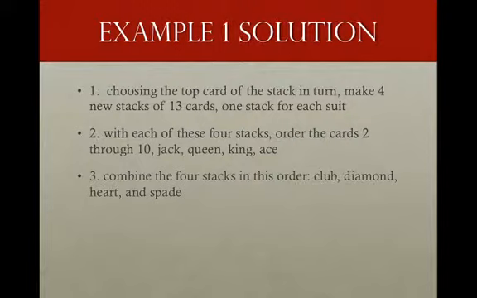With each of these 4 stacks, the order of the cards 2 through 10, jack, queen, king, and ace as well, would be suited through the 4 stacks. And in the end, you would combine the 4 stacks in the order club, diamond, heart, and spade. So this is a step-by-step process in doing this.